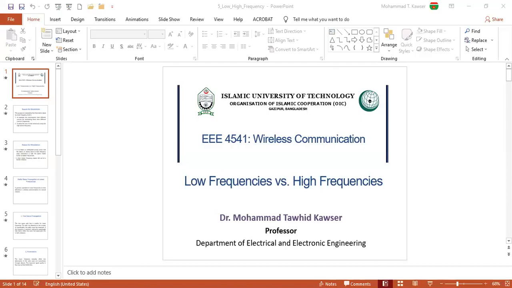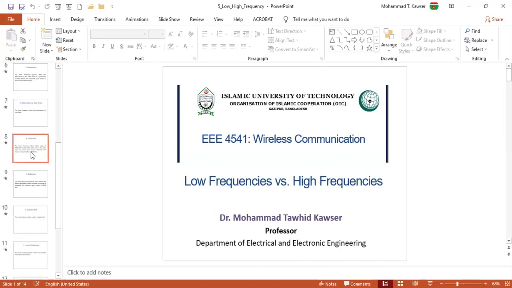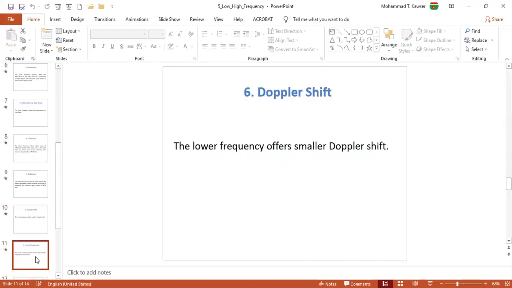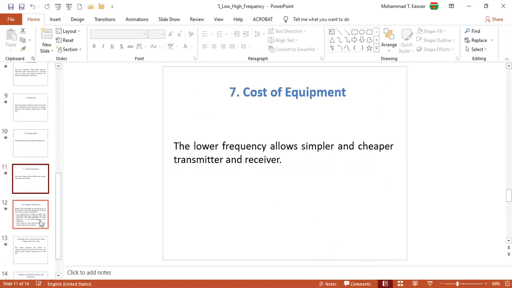Now we'll go back to our slide, which we started discussing yesterday. Actually, we went up to this level. So we found so many advantages with the low frequency.